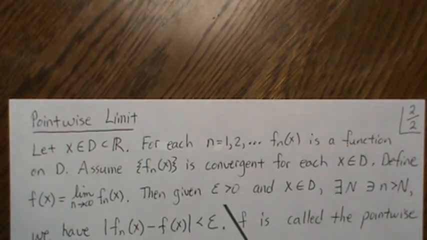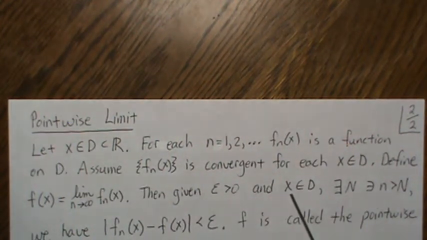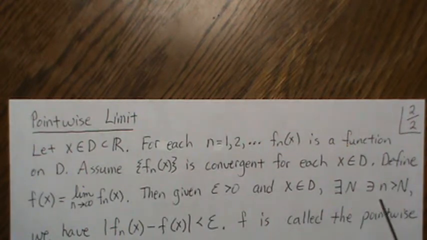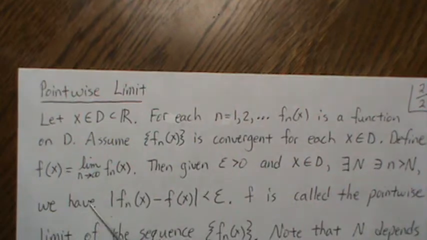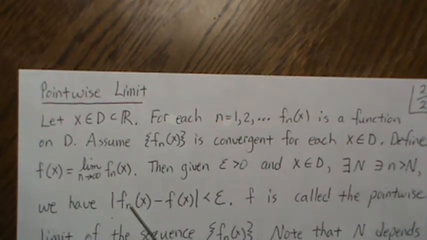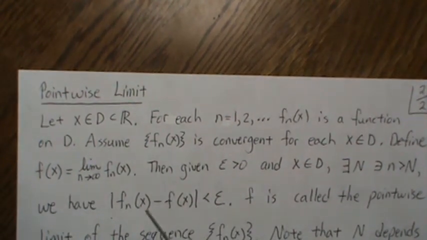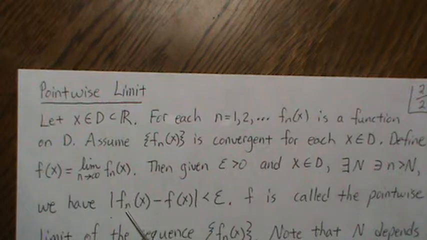Then given epsilon greater than 0 and x, there exists an N such that for little n greater than big N, we have that the difference between f of n and f is less than epsilon. They're really small, meaning that f of n is converging to f.